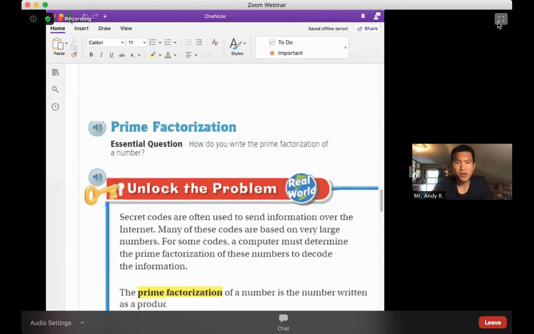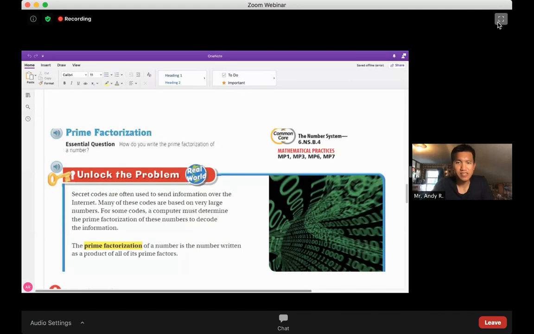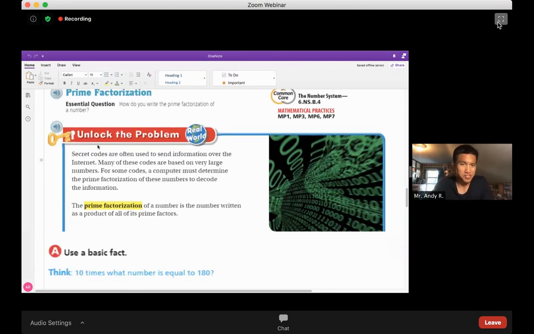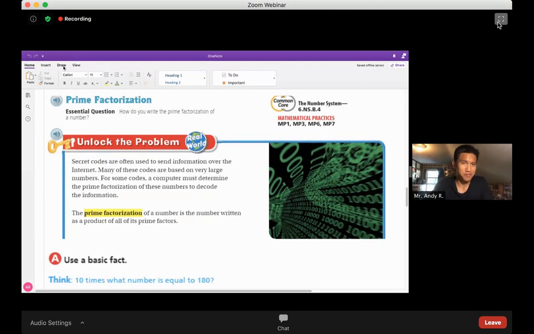All right, guys. So prime factoring. So I'm gonna read this problem right here.